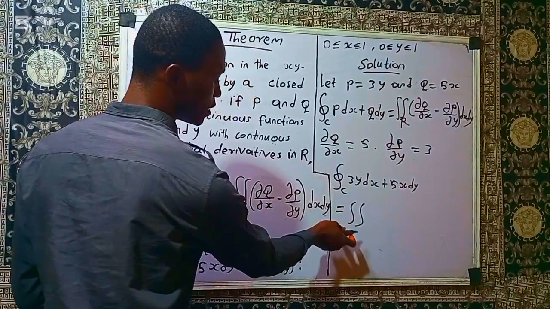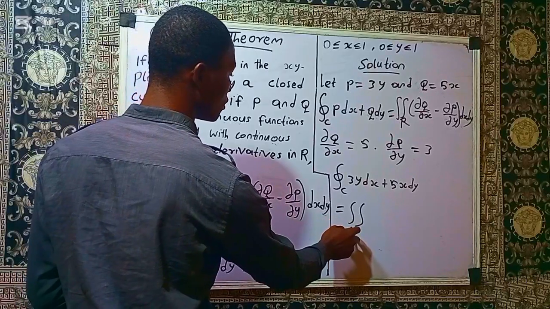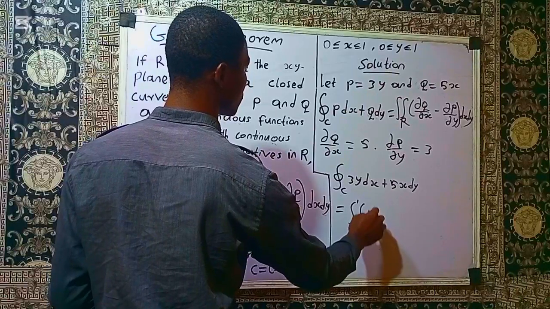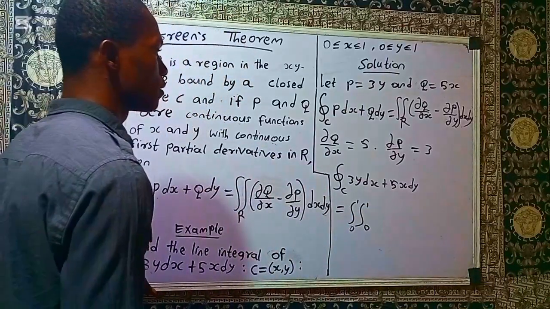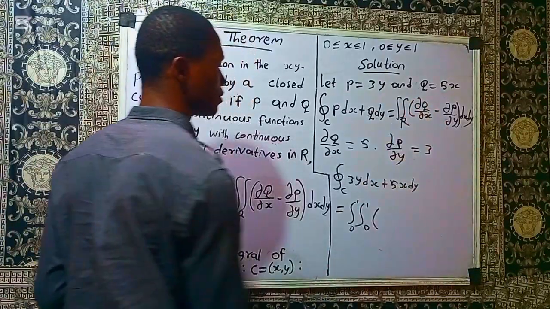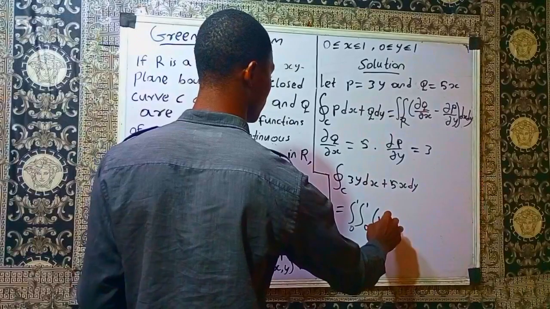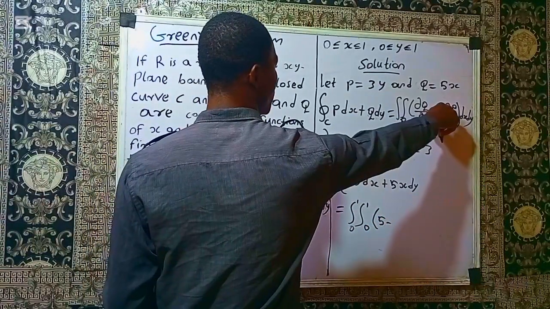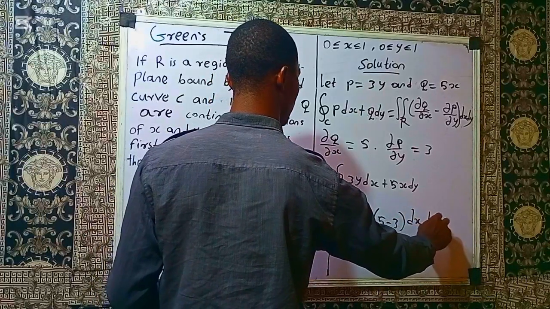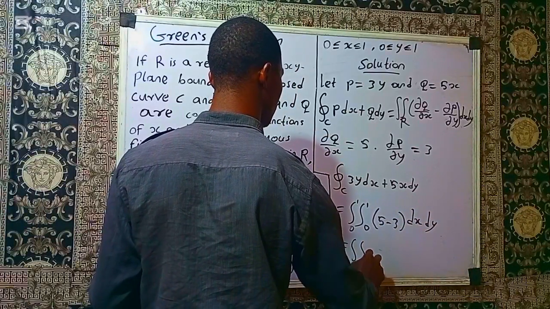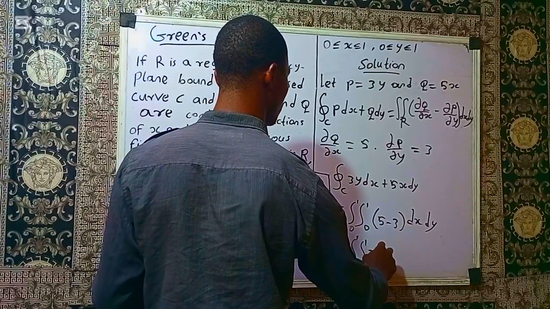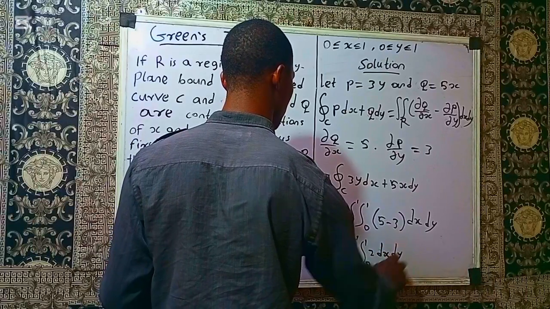So I will write the range of y from 0 to 1, and for x from 0 to 1. Then partial Q partial x is 5 minus partial P partial y, which is 3, dx dy. So this is the double integral from 0 to 1, from 0 to 1 of 5 minus 3, which is 2, dx dy.